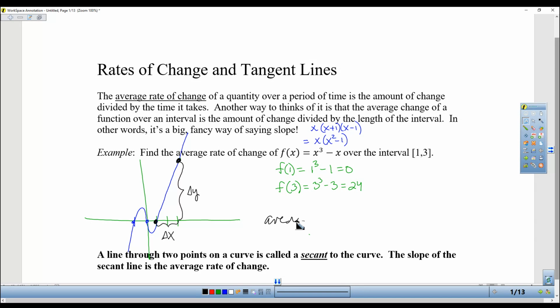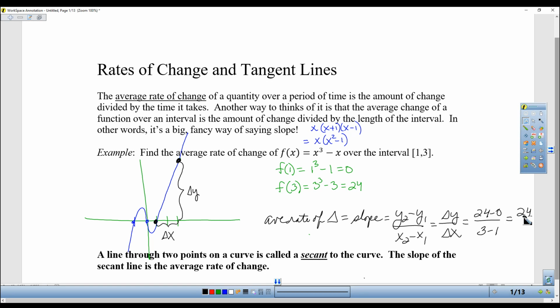Average rate of change, remember that delta means change, is slope, which is y2 minus y1 over x2 minus x1, which is delta y over delta x. So many ways to think about it. Find one that works for you. And we do get 24 minus 0 over 3 minus 1, which is 24 over 2, which is 12. That's the average rate of change.